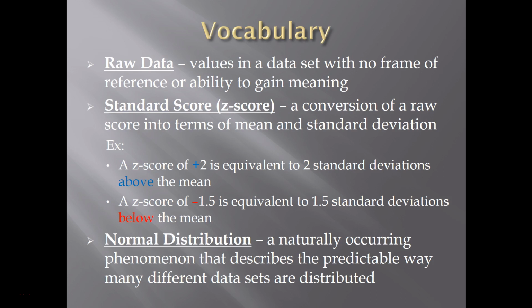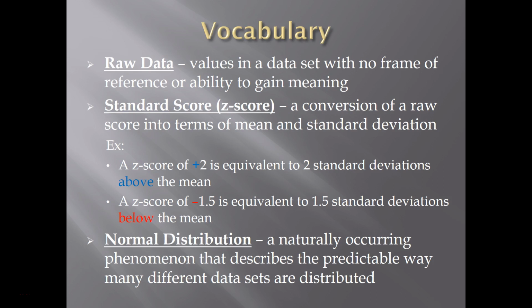All right. So a lot of times, if we have raw data that doesn't have any frame of reference, any kind of meaning behind it, we will oftentimes in statistics convert that raw data into standard scores or standardized scores. And a lot of times that's using something called a z-score. We'll be getting into that soon.